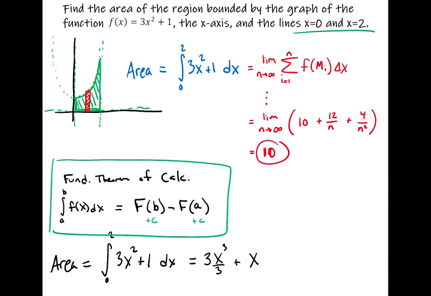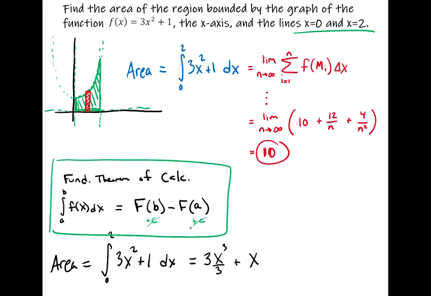Because it's subtraction, the plus c's will cancel. So you could use any value of c, so you might as well use 0, because that's the simplest one.